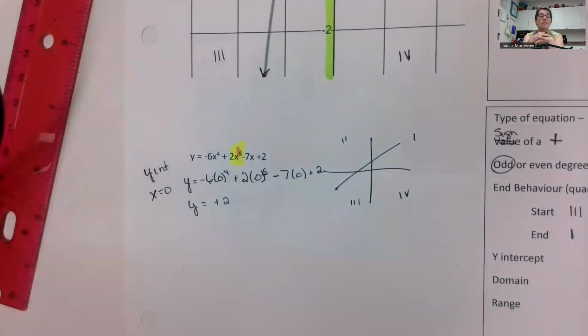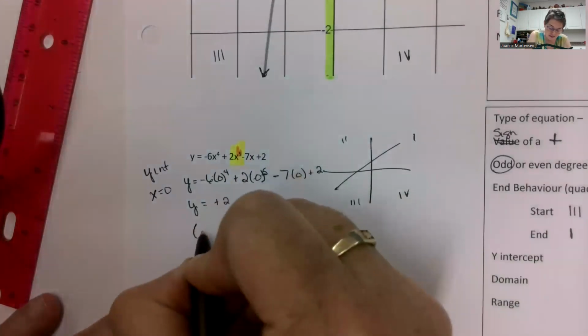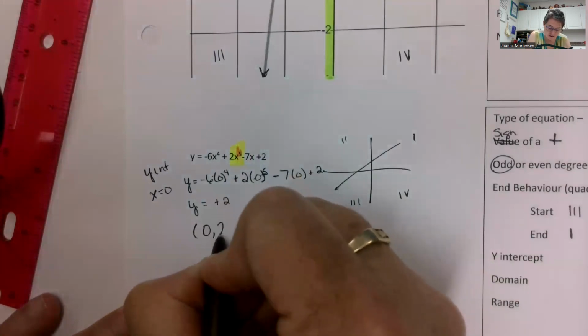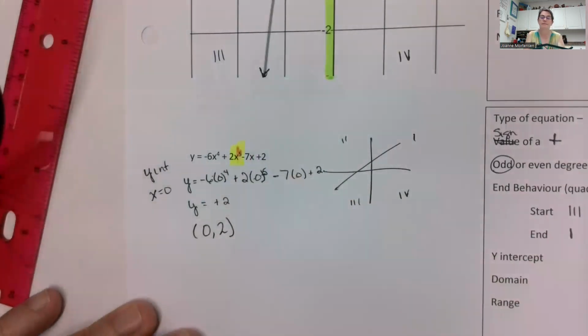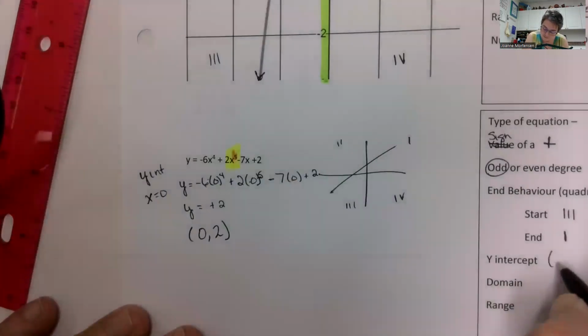So here's the point where being able to find the constant saves you some time. Your y-intercept is always going to be where that constant is. So there we go. 0 and 2.